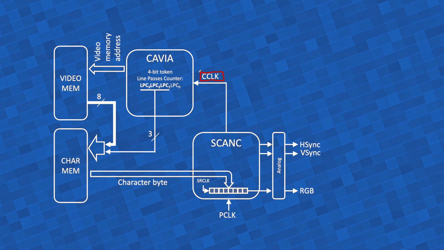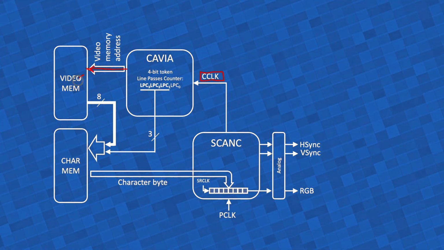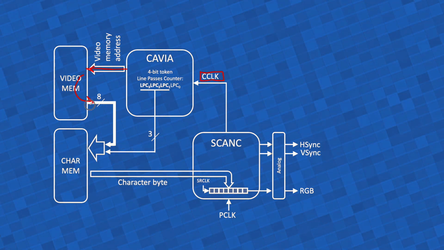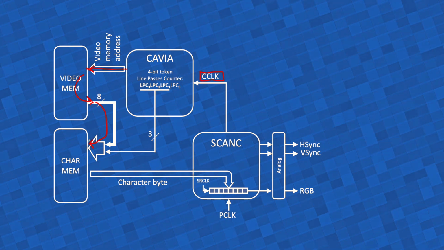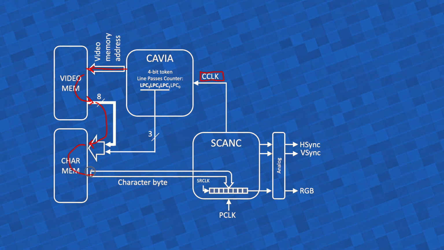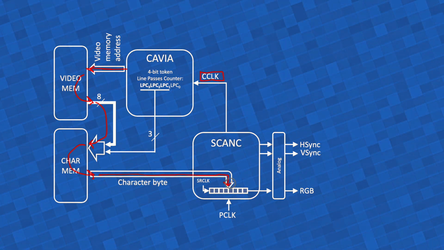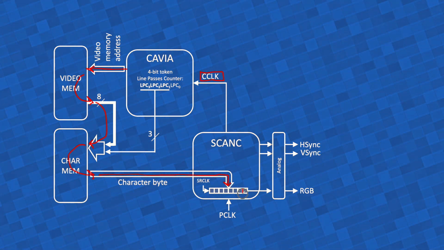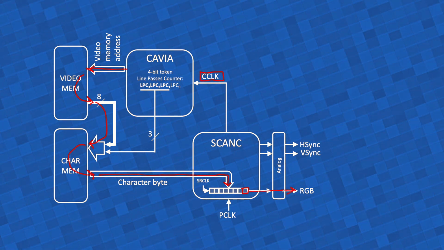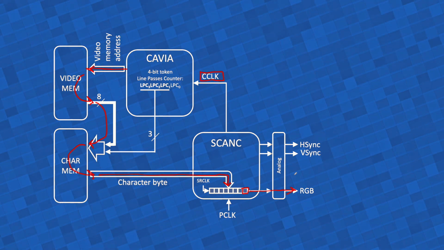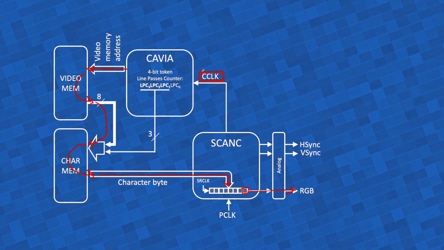Cavia has to present an address to the video memory, which in turn has to reply with a character token, which then is presented to the address bus of the character memory, which then also has to reply with a character byte, which then has to be loaded into SCANC's shift register, such that the corresponding bit of the byte is presented to the screen. All this has to happen within one Cavia clock cycle, each and every one of them.